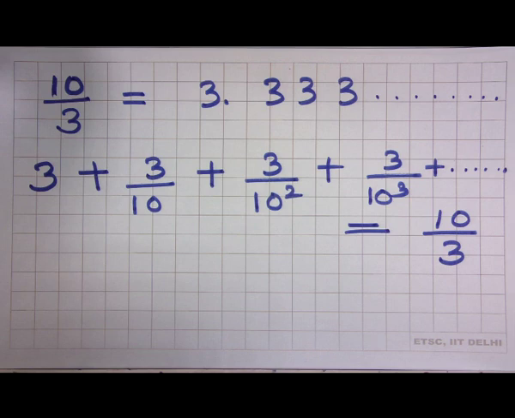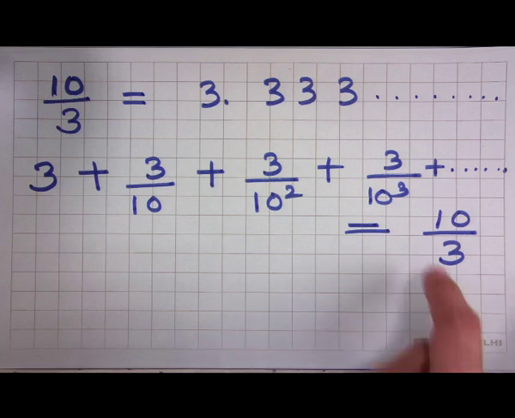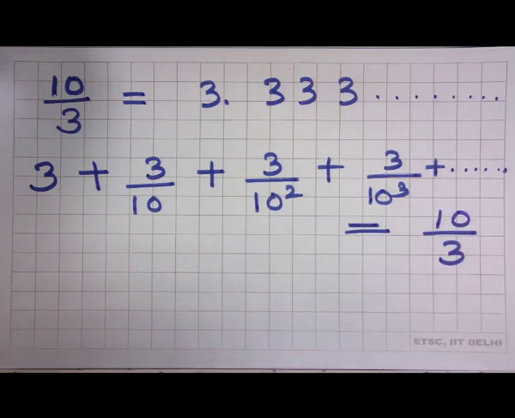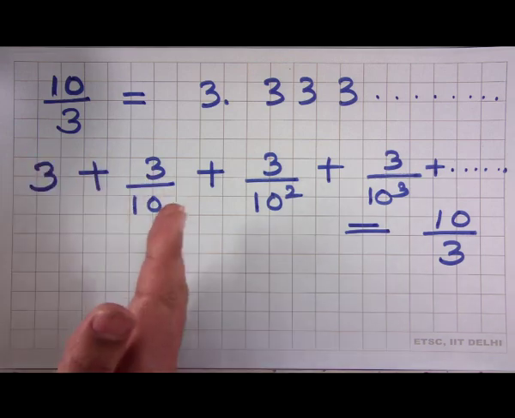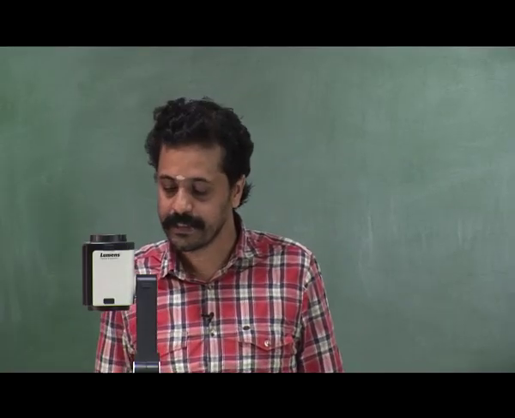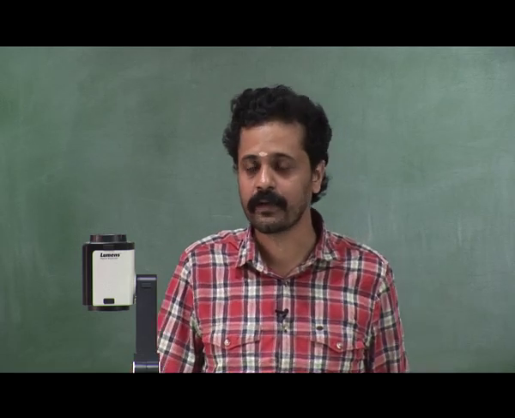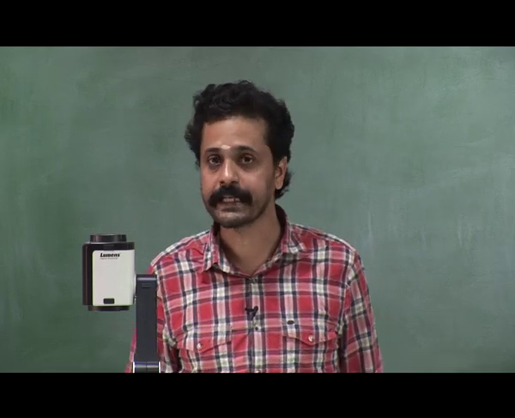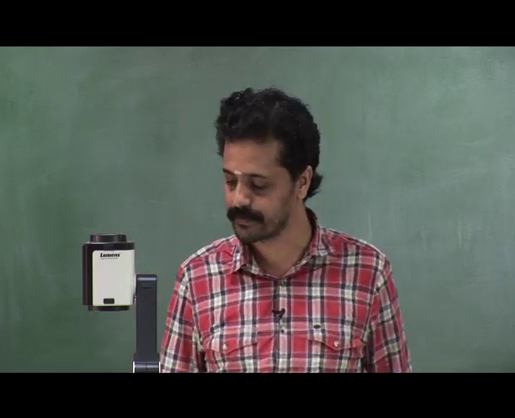Does it give a better and better approximation for the number 10 by 3? Note that to get exactly 10 by 3, we have to keep on adding 3 with 3 by 10 with 3 by 10 square and so on. In fact, we have to deal with infinitely many real numbers. This quest of seeking better approximation, in fact, leads to the concept of the sum of infinitely many real numbers.